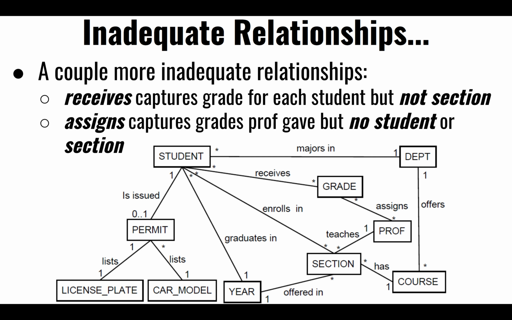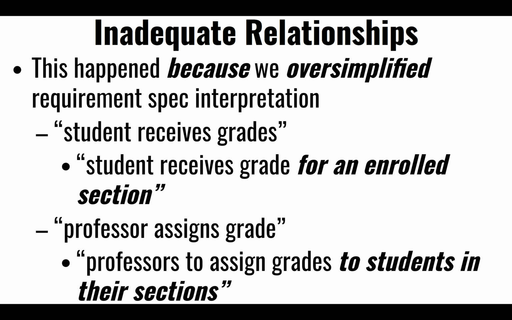So we somehow miss the fact that the grade was for that particular section. So you're always looking for these inadequate relationships. Obviously, these inadequate relationships were added on purpose so that we can have this discussion. And the reason these inadequate relationships might happen is that maybe we parsed the verb phrase wrong, right?